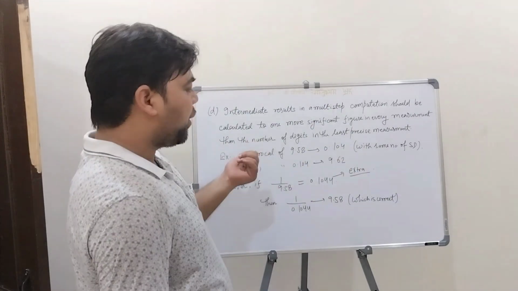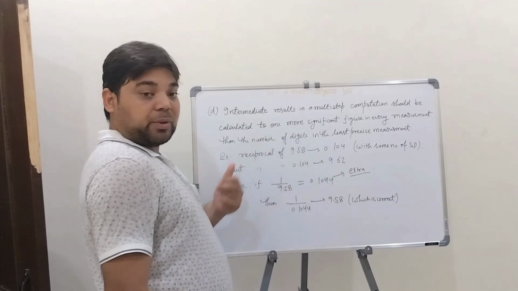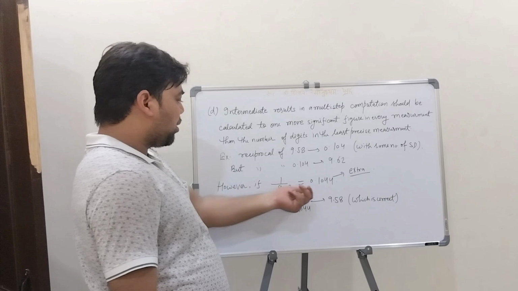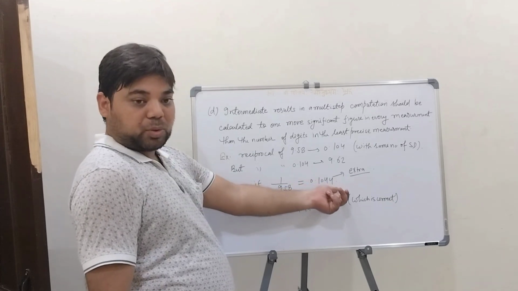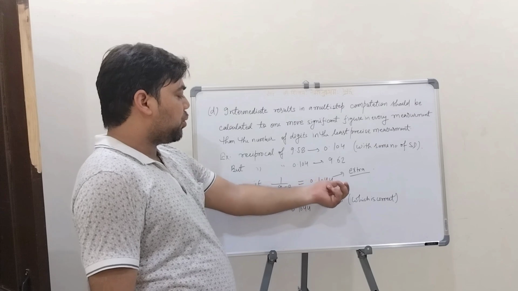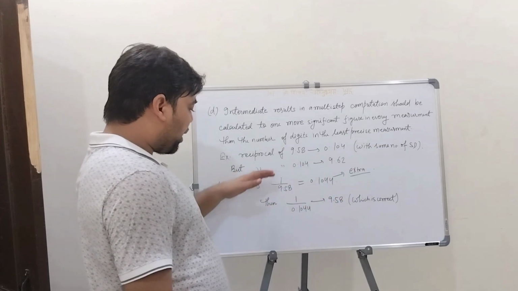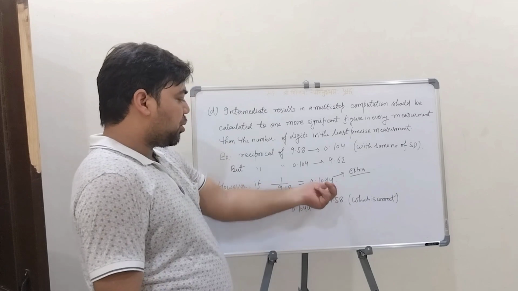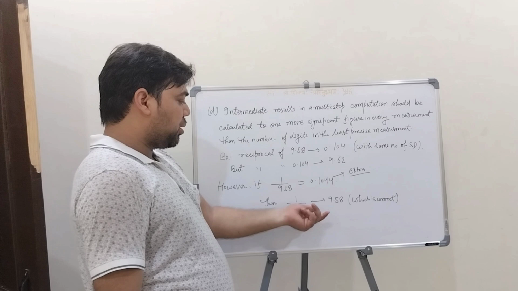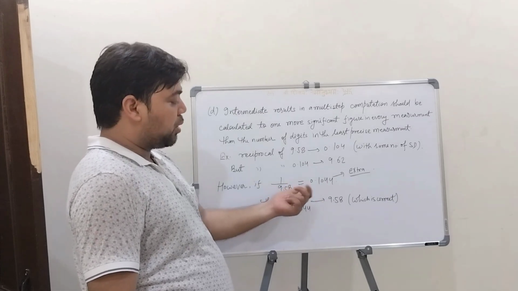So what do we need to do to get the same number which we started with? Let us increase the number of significant digits by one more in the reciprocal number. So now take it as 0.1044, where the last one is the extra digit. Now when you again take the reciprocal of this number, 0.1044, with one extra digit, you will find exactly the same number which you started with.